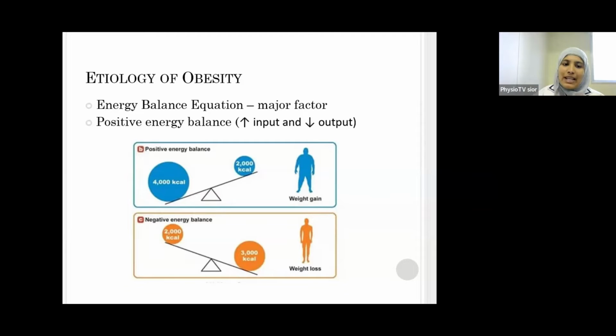And negative energy balance is where your calorie intake is less than your expenditure. So what our body does is it accumulates all the extra energy that you have and stores it in the form of lipids or adipose tissue, which is why it will create a positive energy balance where your expenditure of energy is far less than what you have actually taken in.